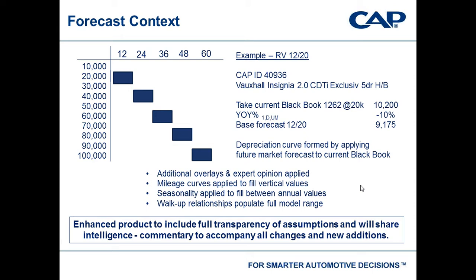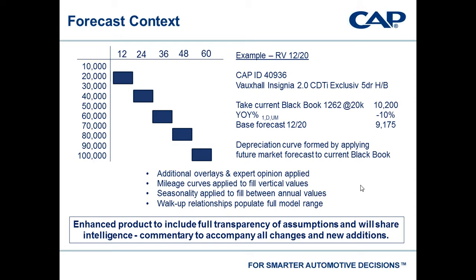That will give us the intermediate month forecasts, so 13 to 23, 25 to 35, etc. And also move the forecast from today in November into December into January. That gives us our full grid for all our master vehicles. And then we have the walk up, the subsidiary relationships, which will populate for the entire vehicle range.